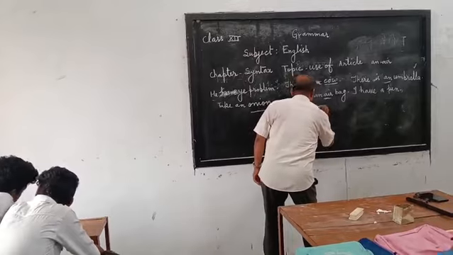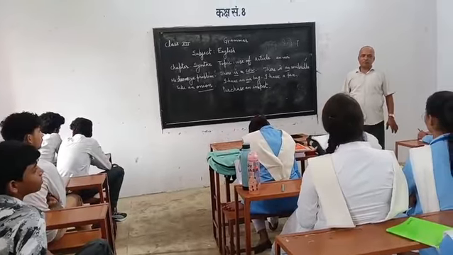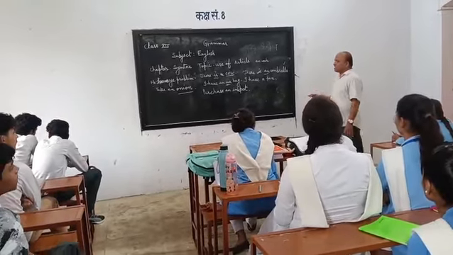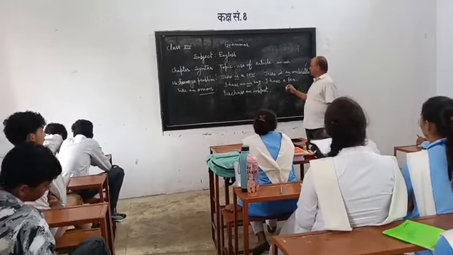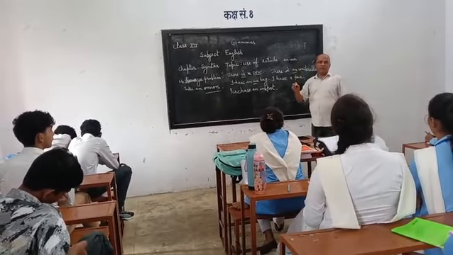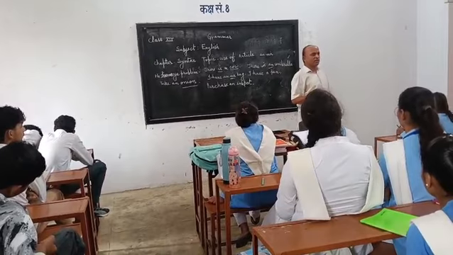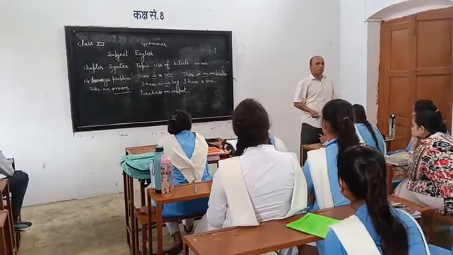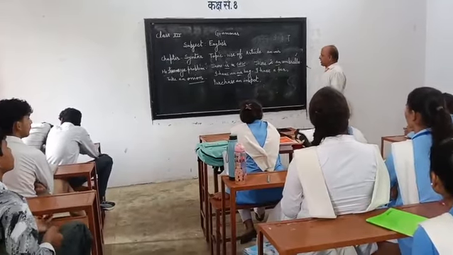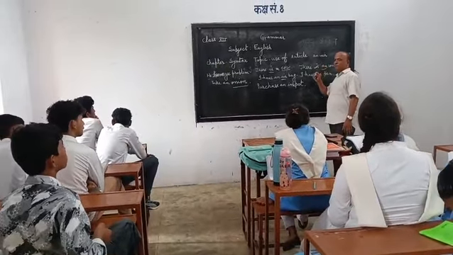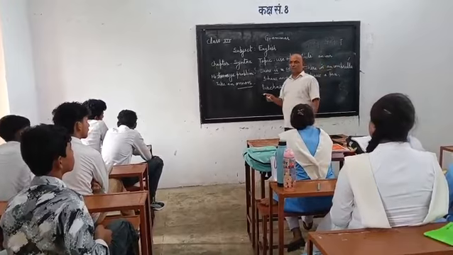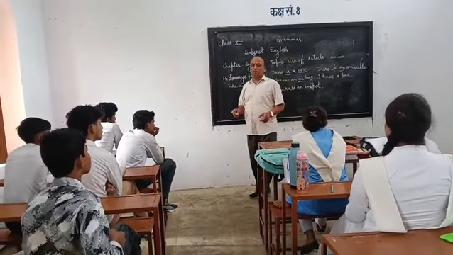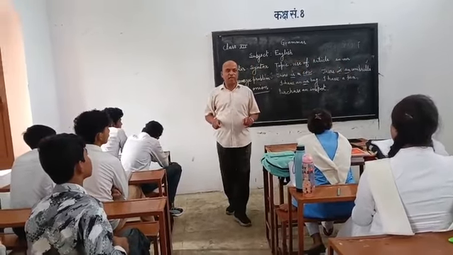You have understood the fact that if the word begins from A, E, I, O, U, you have to use an. Otherwise, if the word starts with a consonant, you have to use a.